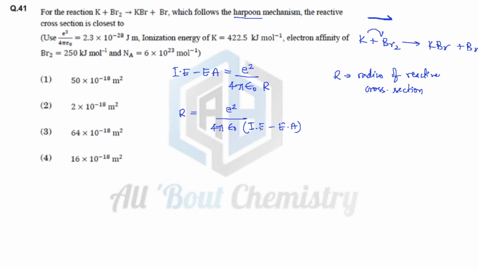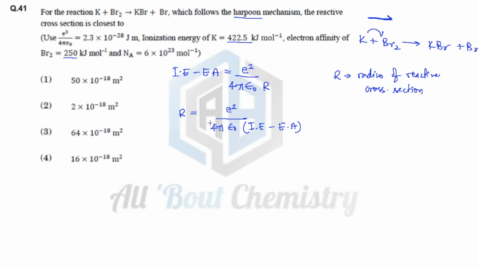The ionization energy of potassium is given to us as 422.5 kilojoules, and electron affinity is also given to us for Br2, that is 250 kilojoules per mole. So that's what you have to do.